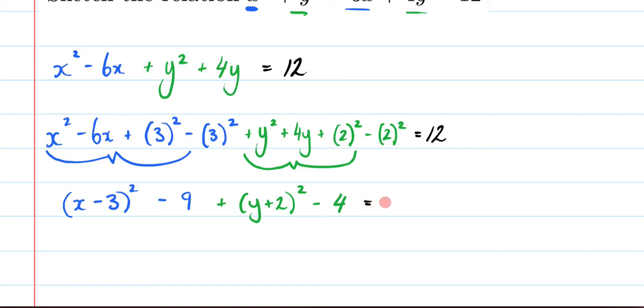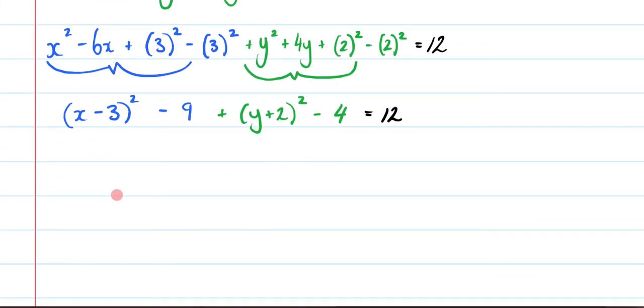And then equals 12. And now I'm going to write it in black and finish it off. So I'm going to have x minus 3 squared plus y plus 2 squared equals 12. And I'm going to take this minus 9 and this minus 4 over to my other side.